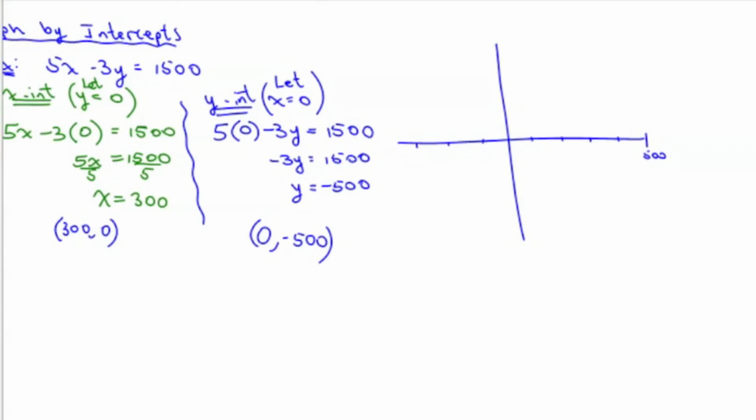How far do I have to go on x? Not that far. And then y, 100, 200, 300, 400. Up here, 500. And then down, negative 100, negative 200, negative 300, negative 400. I have to go down a little further. Negative 500. Now, when you're changing the scale like this, you have to indicate your ticks representing something.